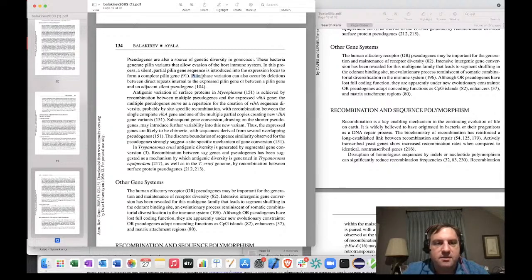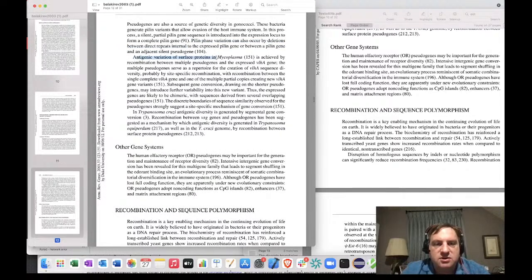Their pili are basically altered by the pseudogenes. Pilin phase variation can also occur by deletions between direct repeats internal to the expressed pilin gene or between a pilin gene and an adjacent silent pseudogene.